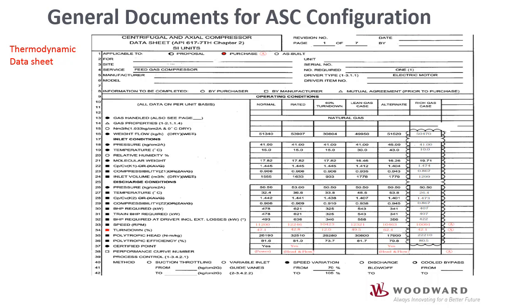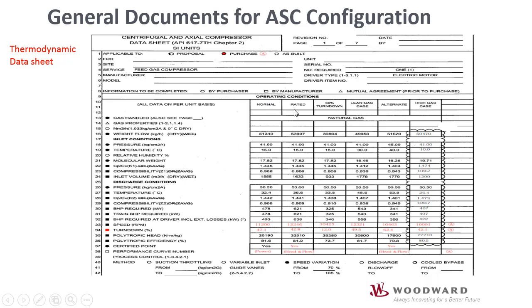We can see the operating cases such as normal, rated, turn down, lean gas, alternate, and rich gas. Each operating case has its own inlet and discharge conditions, such as molecular weight of the gas, and suction and discharge conditions.